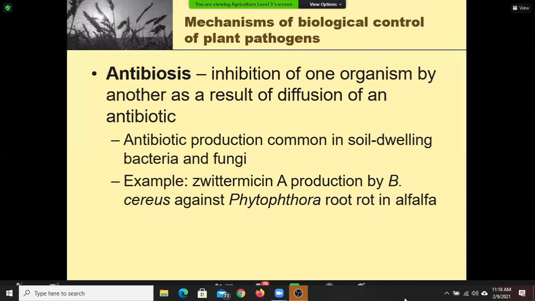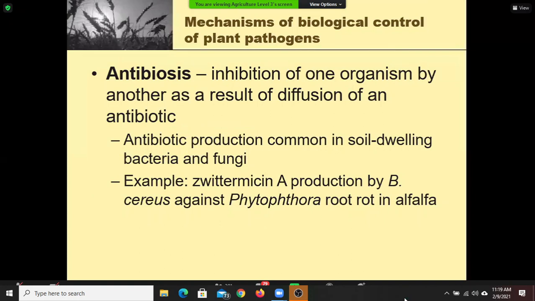There are some mechanisms by which these biocontrol agents control the harmful microorganism. You can see here antibiosis. What happens actually is that there are some fungi and some bacteria which produce antibiotics. The secreted chemicals serve as antibiotics, and this antibiotic can kill the harmful microorganism. So this process we call antibiosis.